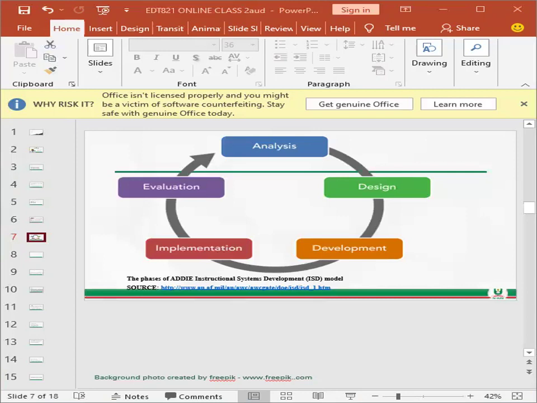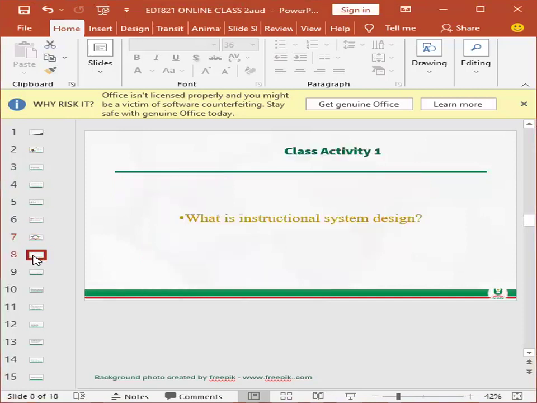So, in phase one of the design, we have analysis.